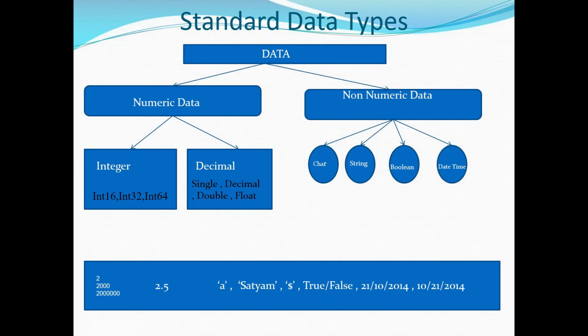So if you are going to store 2, what has to be done? You will have to decide what type of data it is. What data type has to be considered while defining my variable. Because based on this type, the system will allocate only this much amount of memory. Let's say if you define it as integer in C or C++, what will happen? It allocates only 2 bytes of space.